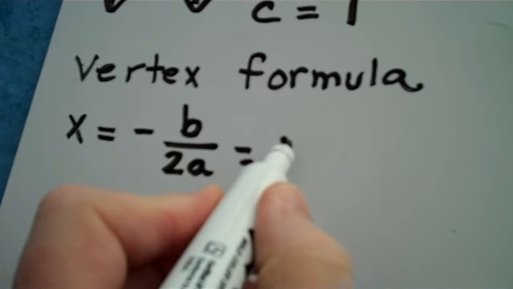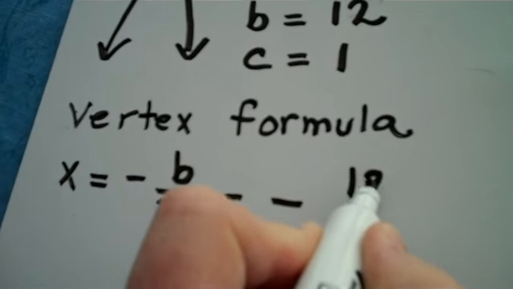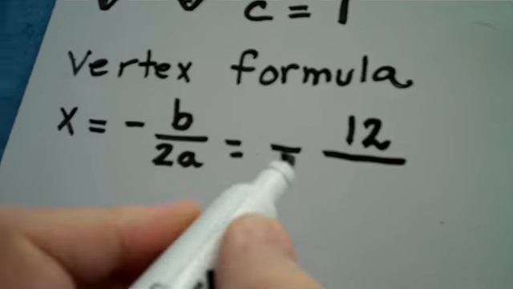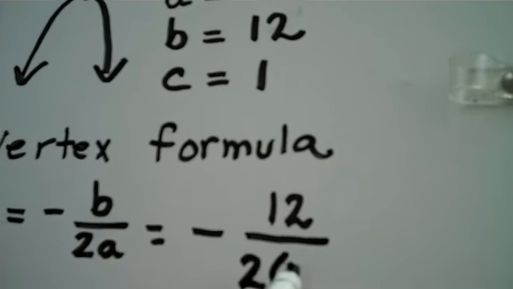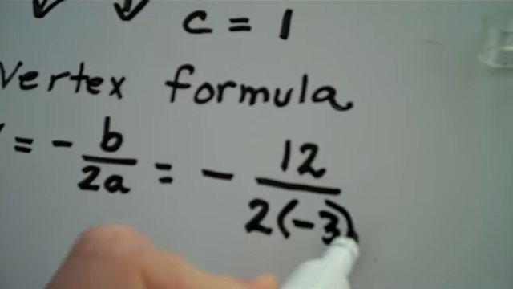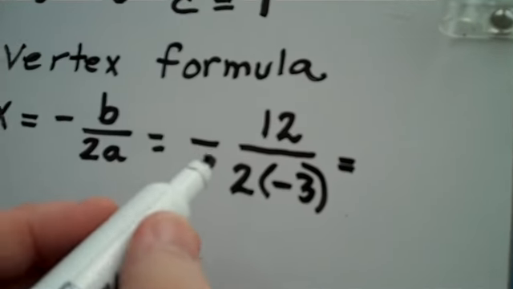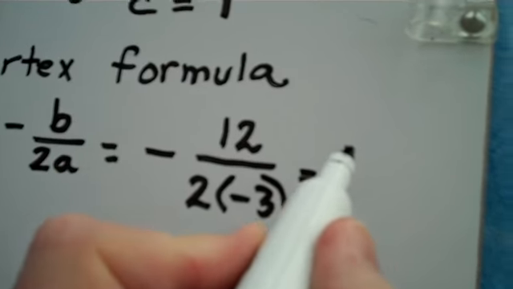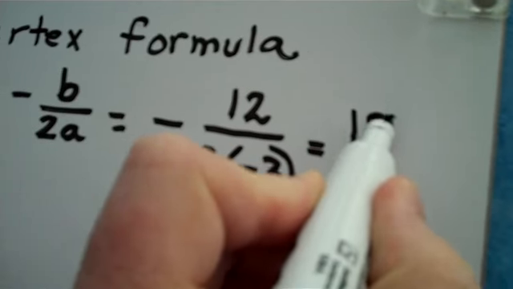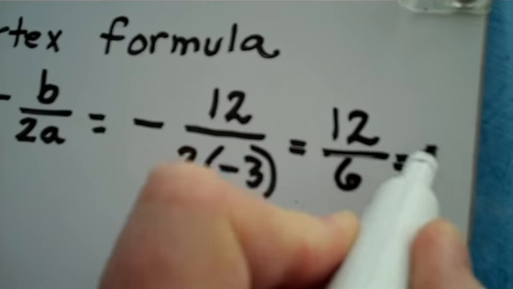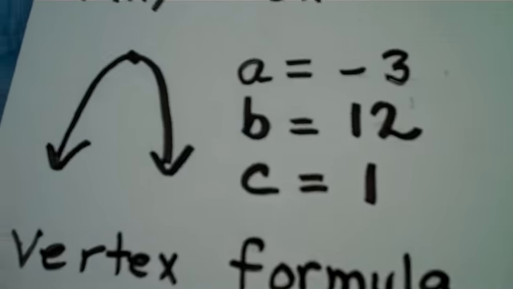So in this problem, that would be the opposite of, notice that b is 12, and 2 times a is negative 3. So what we end up getting here basically, the opposite and the opposite are going to become a positive. 12 divided by 6 is 2. So the x-coordinate of my vertex is 2.